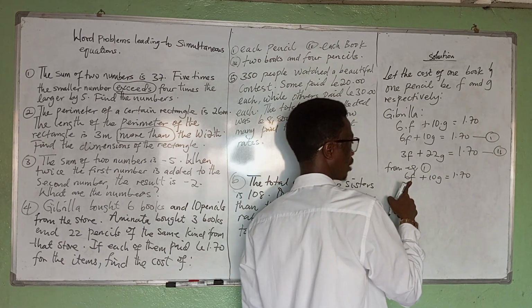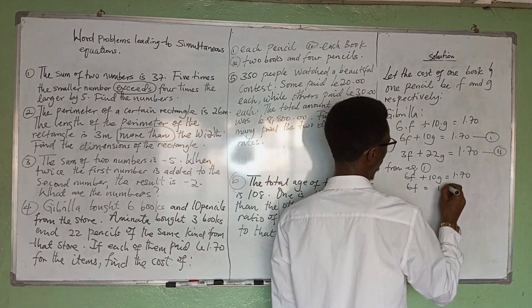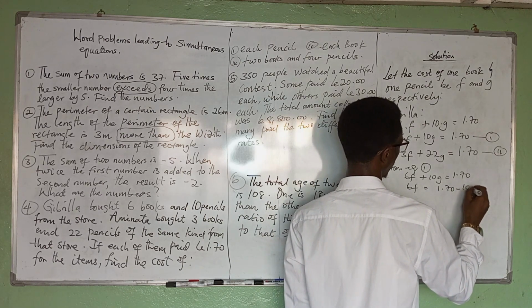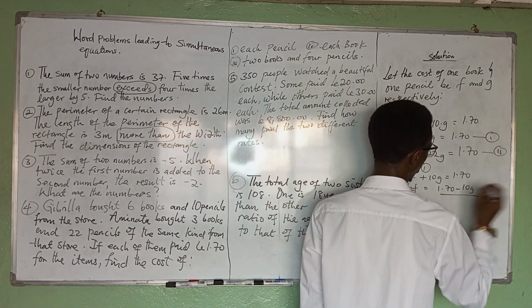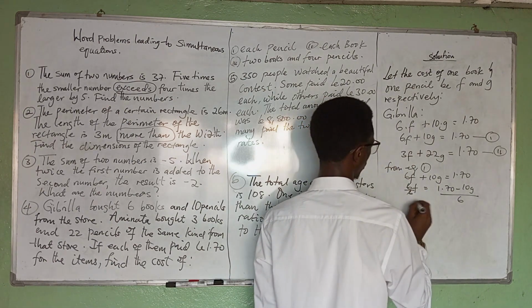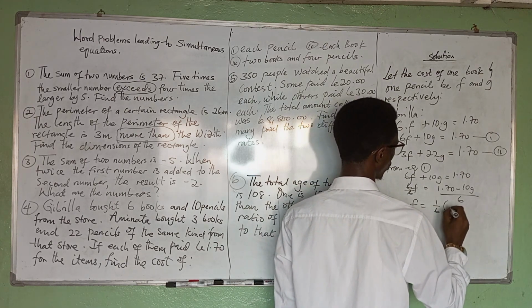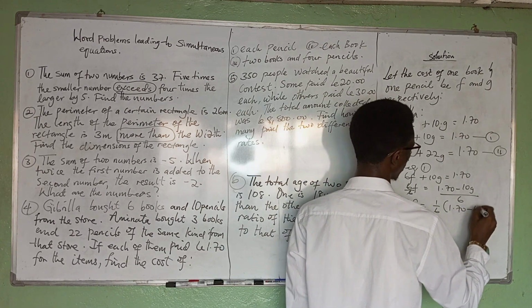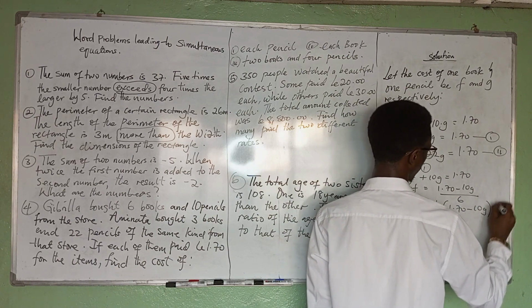So if I want to make F the subject, this becomes 6F equals 1.70 minus 10G. Divide both sides by 6, the whole of this by 6. So this and this goes. So F equals 1 over 6 into 1.70 minus 10G. So that would be equation 3.